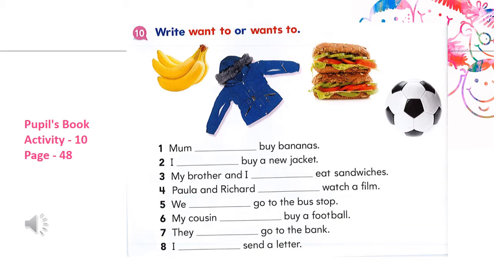If the subject is I, we, they, or any plural names or plural objects, you should not put any s with the main verb. Okay? Now, students, try to find out the subjects at the beginning of the sentences and then put want to or wants to according to the rules.